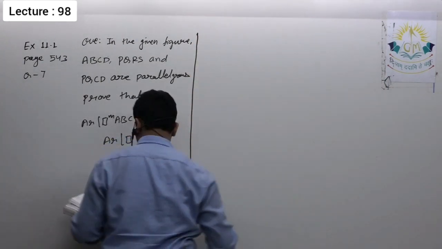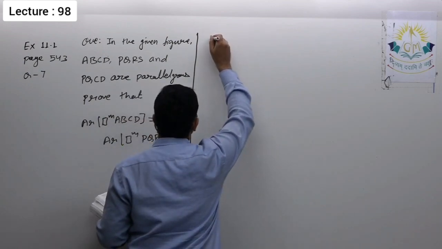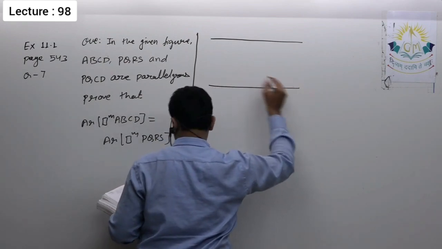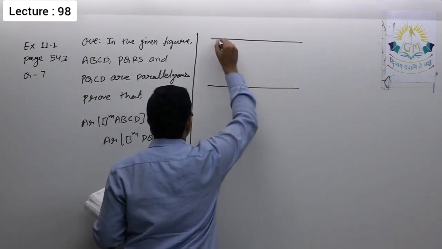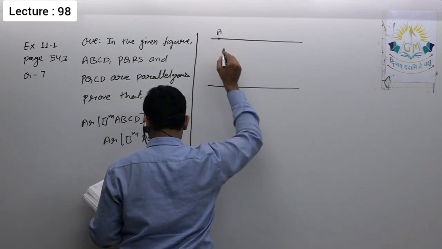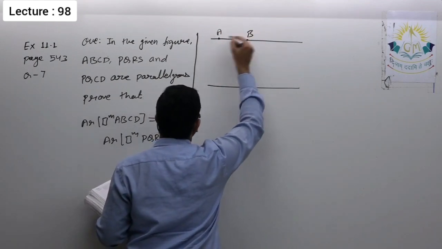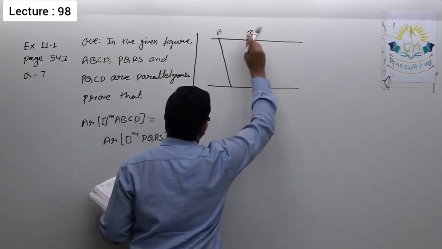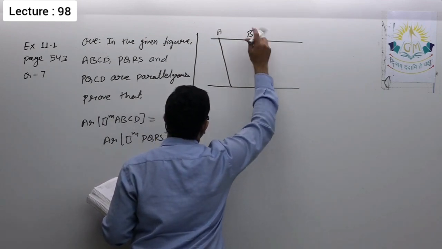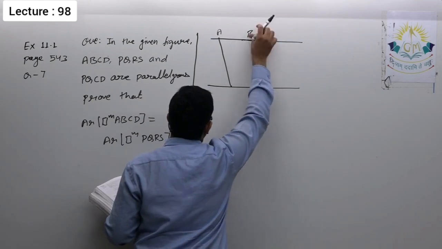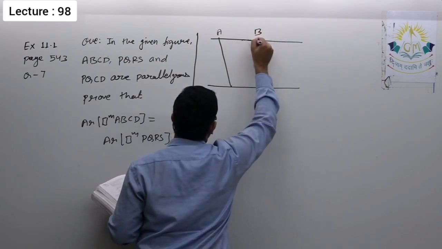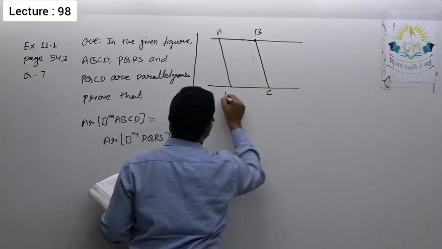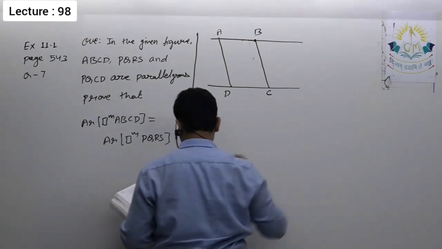So let us see, the diagram is something like this. Here A, B, this is the point B. This is parallelogram ABCD.